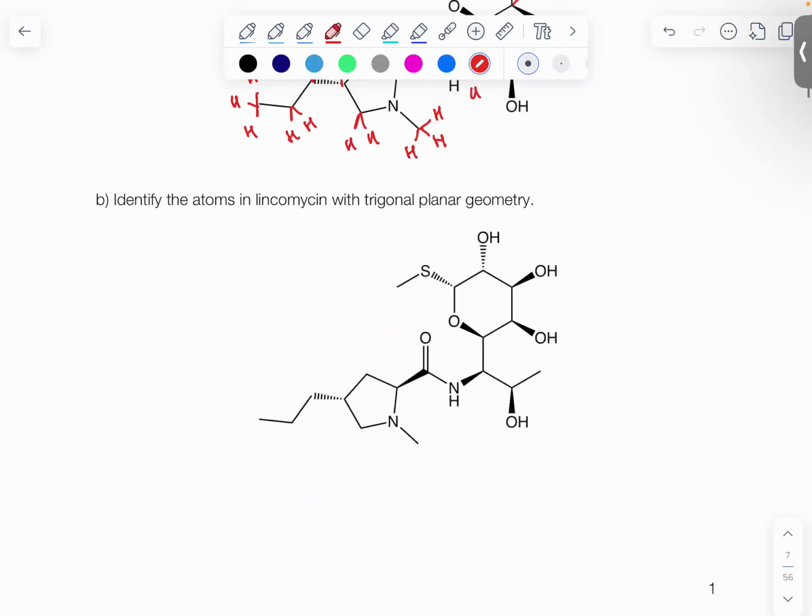So now we can look for atoms with trigonal planar geometry. So that means that we have 3 bonds, or three substituents is maybe a better term, and 0 lone pairs.